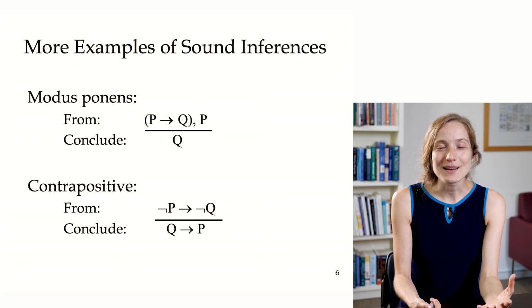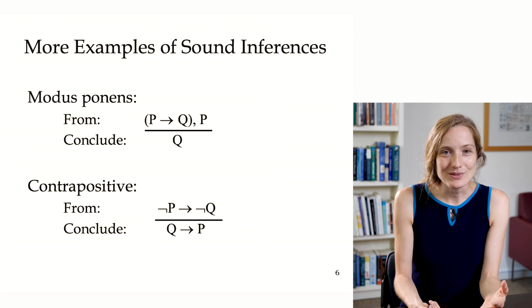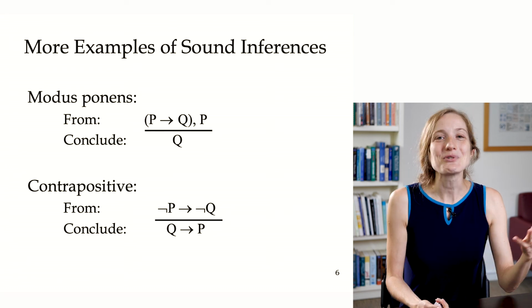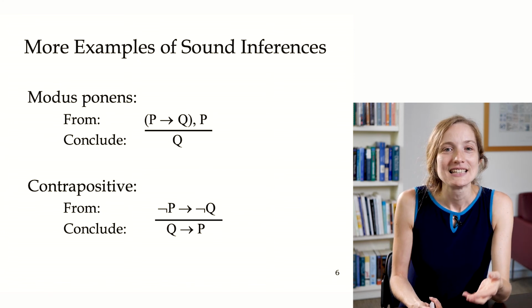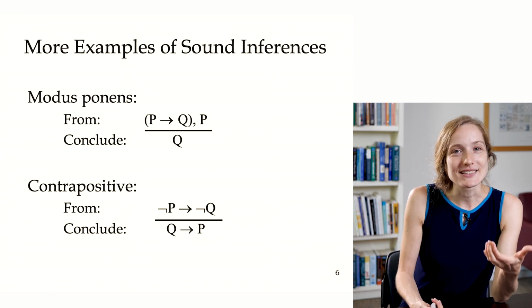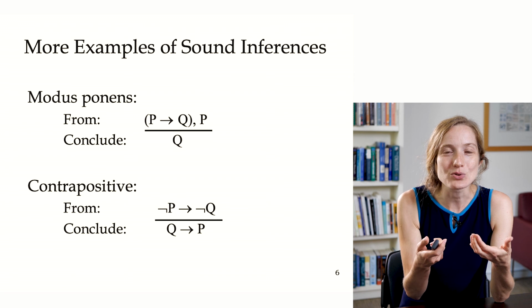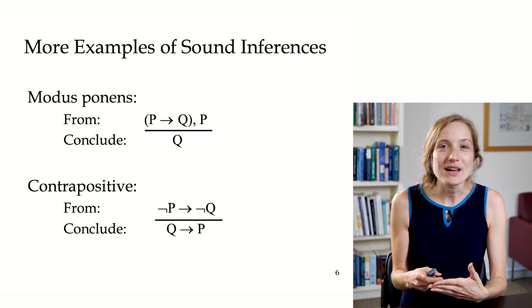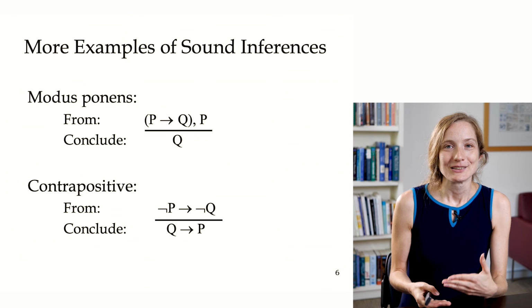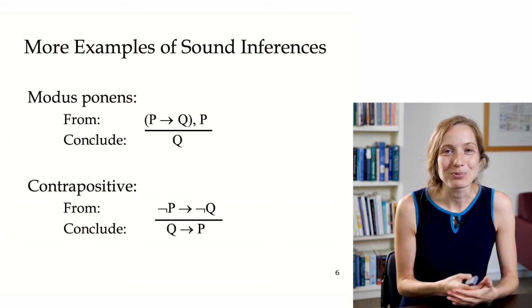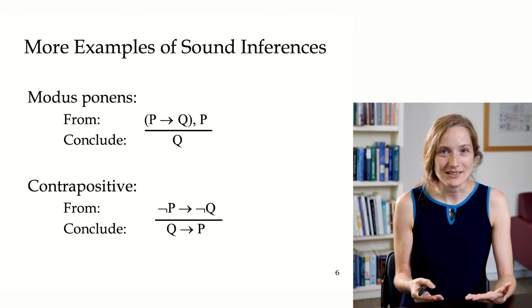A couple more examples of sound inference rules. The modus ponens is this fancy name for the following inference rule: if P implies Q is true and P is true, then you can conclude that Q is true. Another example that we've seen in the previous week is the contrapositive.